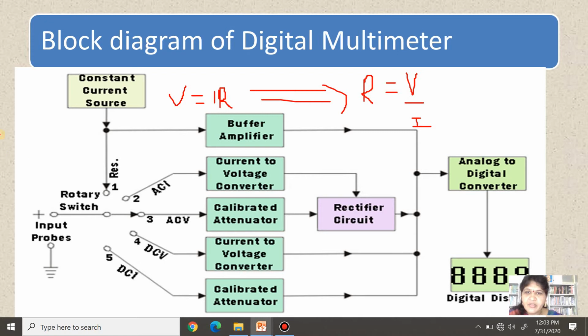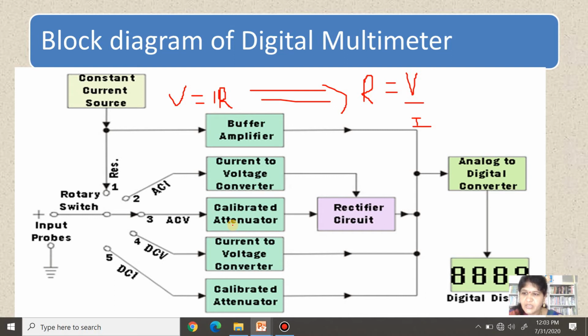Then the amplifier is connected to it. The amplifier is going to amplify the signal, which is converted into digital form and shown on the LCD screen. Then when we want to measure voltage, the voltage to be measured goes through a calibrated attenuator.